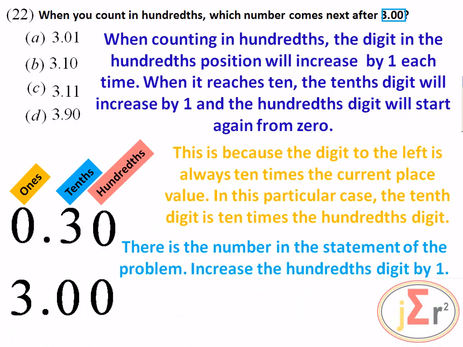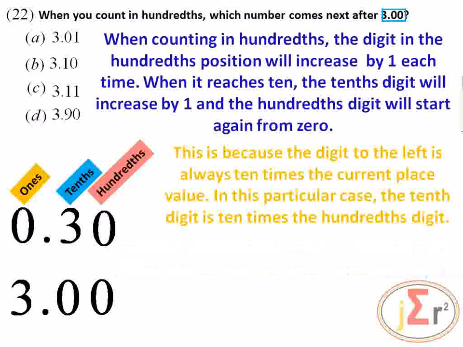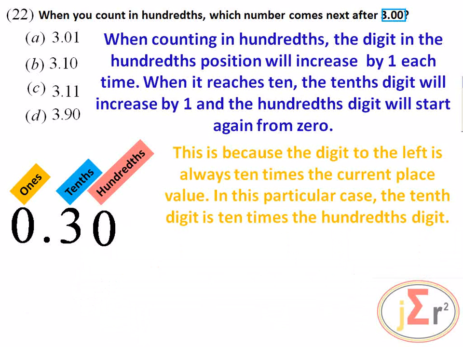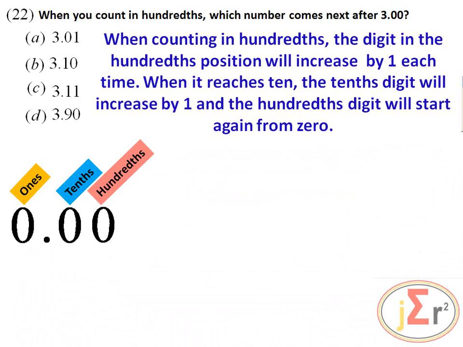Increase the hundredths digit by 1. Notice that when we are counting in hundredths, it is the hundredths digit that increases by 1 each time. When it gets to 10, the tenths digit increases by 1, and the hundredths digit will return to 0.